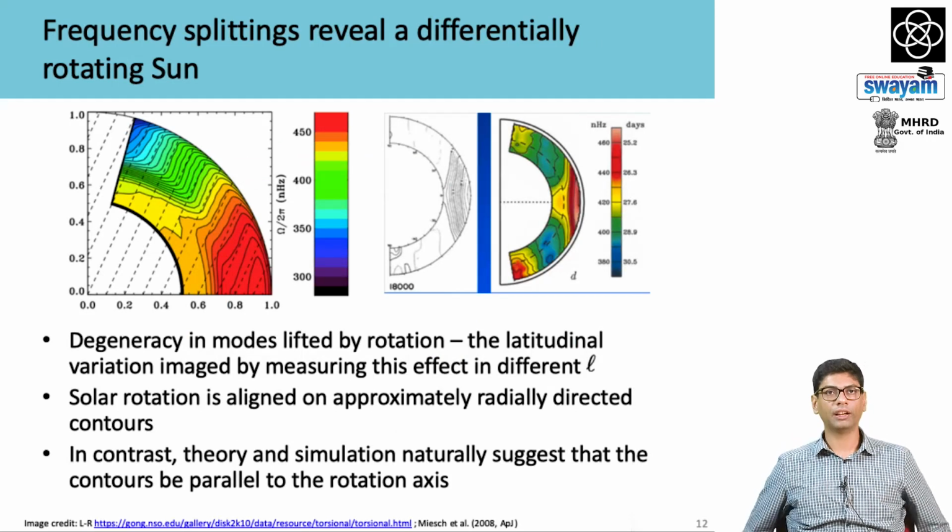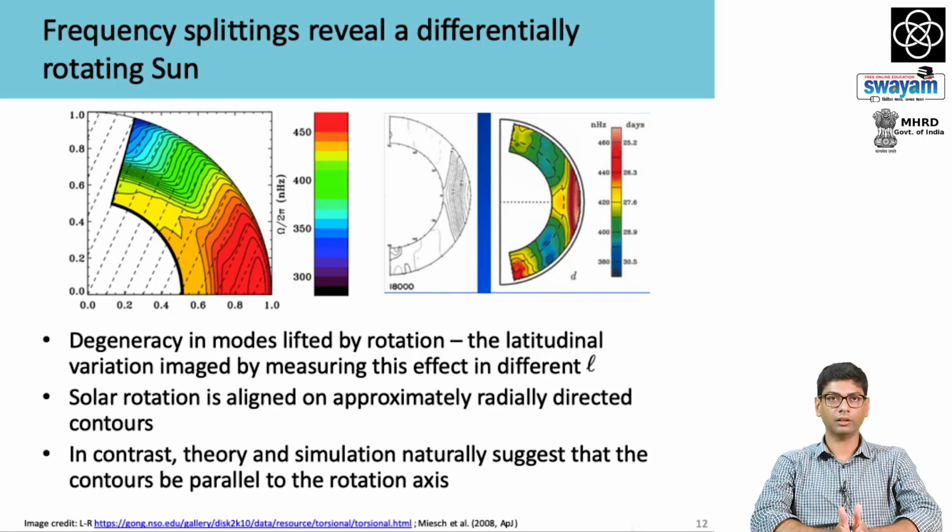Now we have frequencies, as I said some slides ago, and we study these frequencies, specifically an aspect known as degeneracy. If you're looking at a specific frequency, if the sun were a non-rotating quiescent ball, then all the eigenfrequencies are well described by just two quantum numbers, radial order n and spherical harmonic degree L. But the moment you have rotation, this lifts the degeneracy.